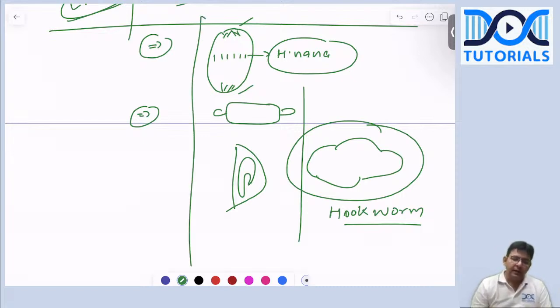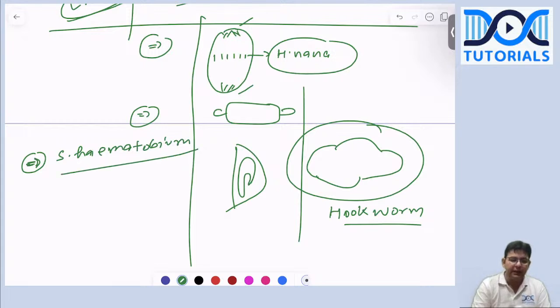Other than that, an important thing: which worms in helminthology lead to cancer? One is Schistosoma haematobium, which has which type of spine? Terminal spine. Which other one? Clonorchis sinensis, which leads to carcinoma of the bile duct or cholangiocarcinoma.